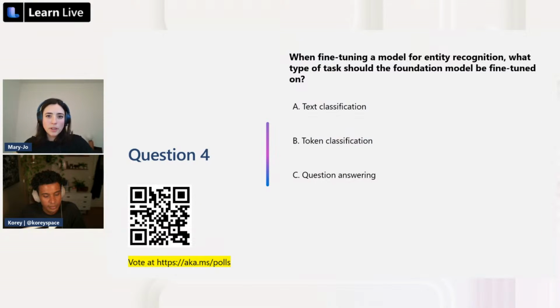When fine-tuning a model for entity recognition, what type of task should the foundation model be fine-tuned on? I definitely talked about this. I didn't use the term entity recognition, but I hope some people picked up on it. It's kind of also a free question to search for. But it's kind of mean because with a lot of these things, you have very technical words to describe what you mean.